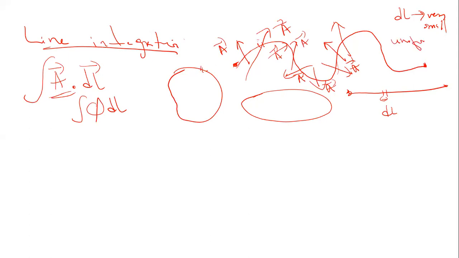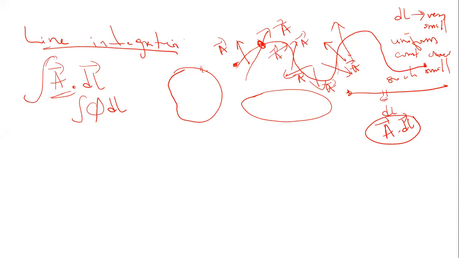The vector field A can be considered uniform or constant over such a small segment, so that when you perform this integration, you can simply consider dL to be non-varying, A vector to be non-varying over this dL element, right? With the help of this, when we write A dot dL, this will give me the value of A over this small segment.